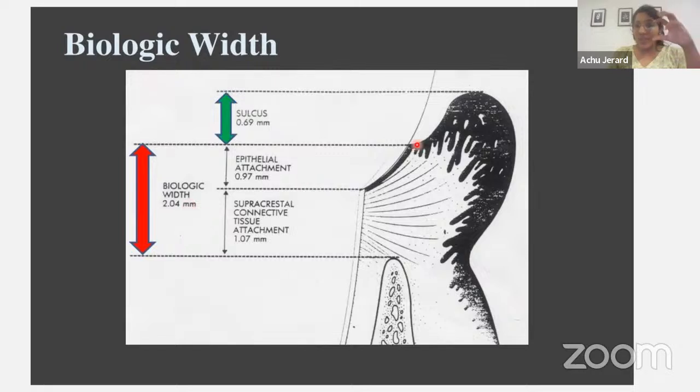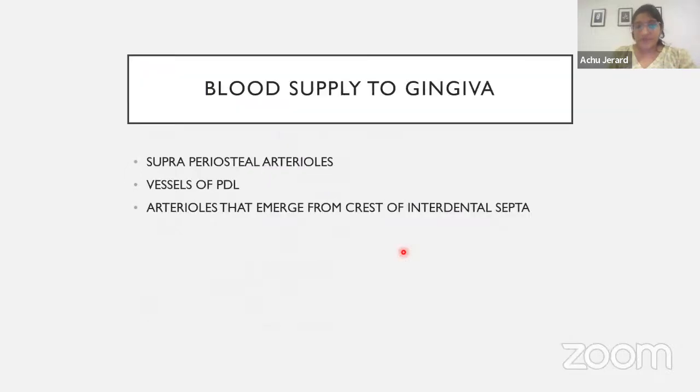It is the dimension which is cumulative of the junctional epithelium and the connective tissue. That is the dimension of soft tissue which extends from the base of the junctional epithelium until the alveolar bone or above the alveolar bone. This is what is called the biologic width.